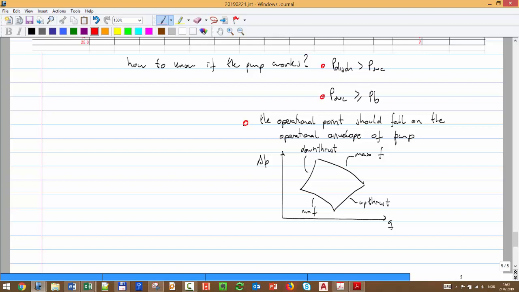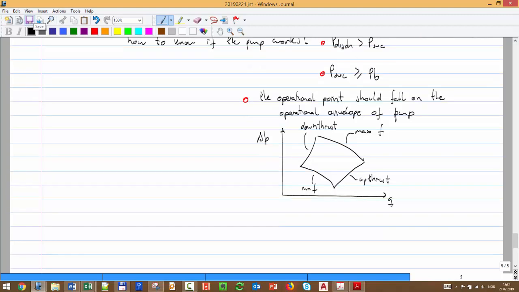This and the last point, well, the last point is basically the power that I need. The power required should be less or equal than the total power of the motor.